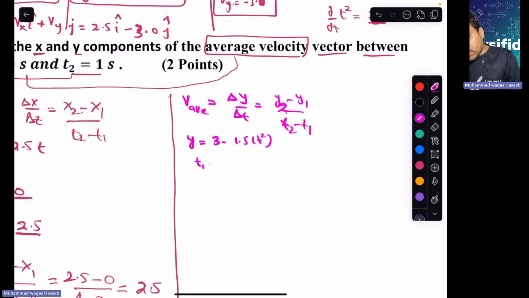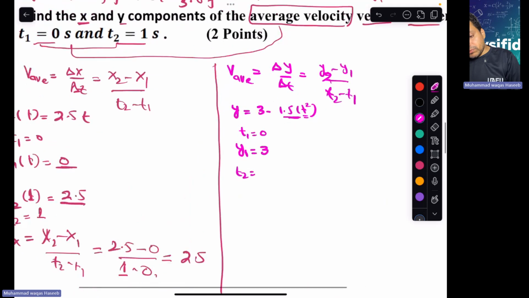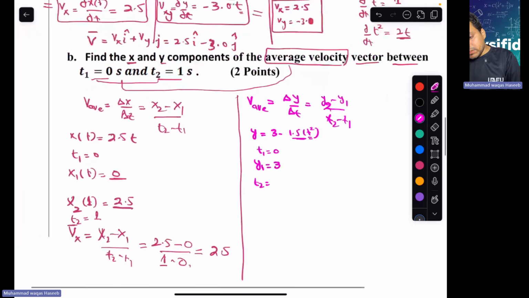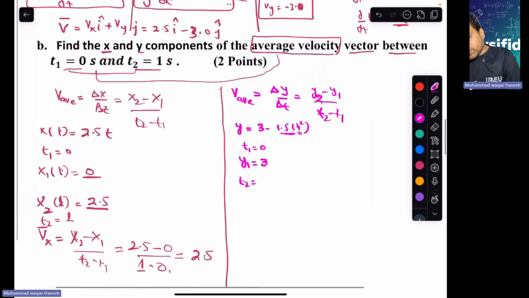At t1 equals 0, when you substitute t equals 0, this term is 0, so you only get 3. So y1 is 3. What is t2? t2 is 1 second.